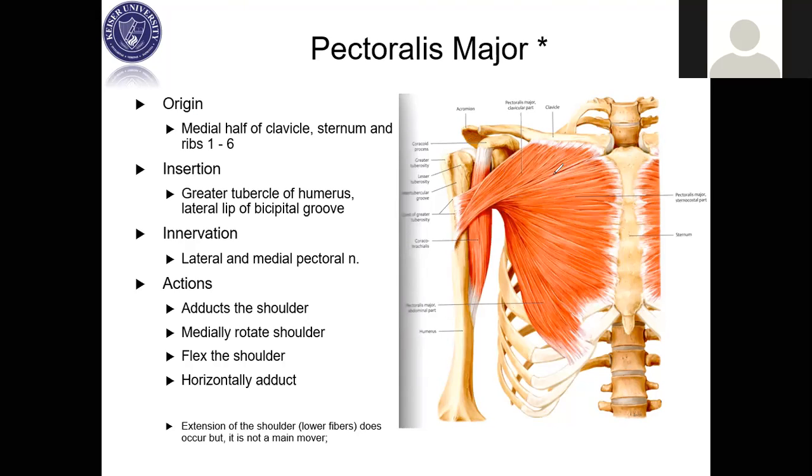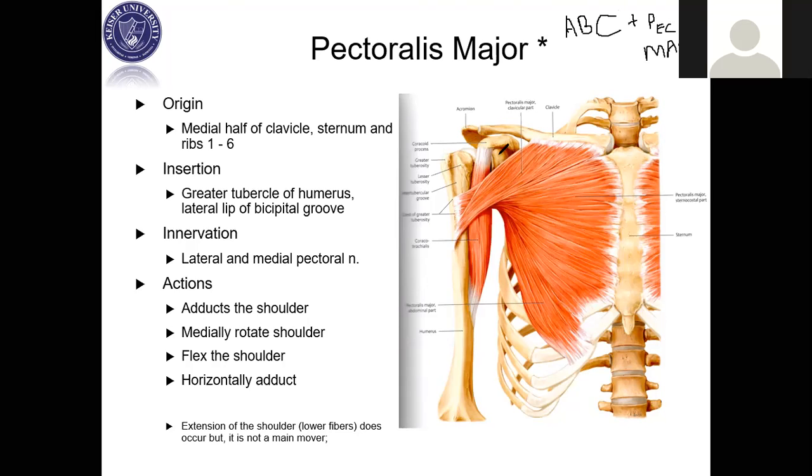Pectoralis major is one of the 4 muscles that flexes the shoulder. Remember yesterday I spoke about A, B, C plus pec major. Well, these are the 4 muscles that perform shoulder flexion: anterior delt, biceps brachii, and coracobrachialis.